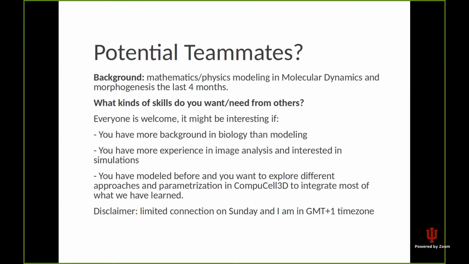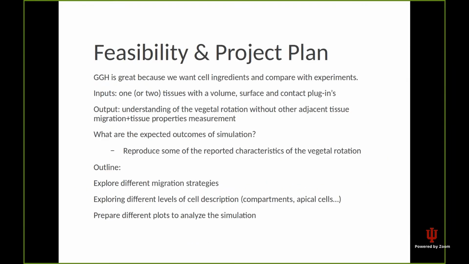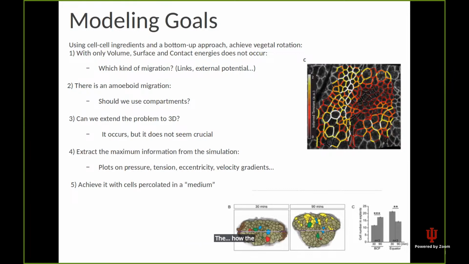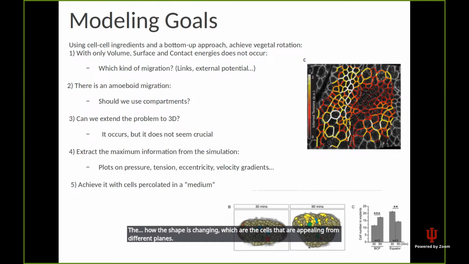So there is a lot of data about this in your experience. The paper reports a lot of information. How is the overall shape? I think I put that in the presentation. For example, they are able to track how the shape is changing, which cells are appearing from different planes, if there is cell division.